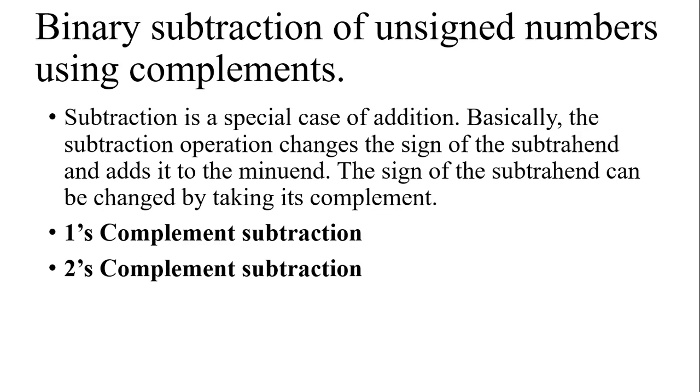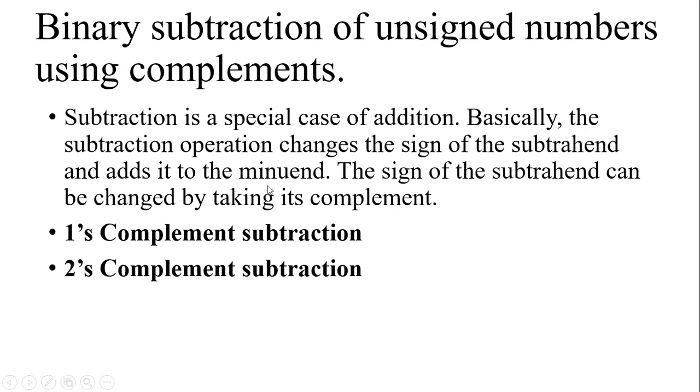We have discussed taking complements in the binary number system in the complements lecture. So when we take the complement of a binary number, we change its sign. So this is the procedure used by digital systems to perform subtractions.